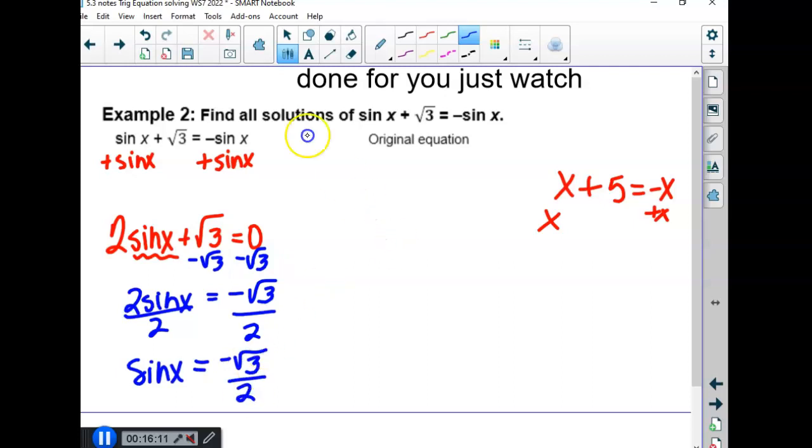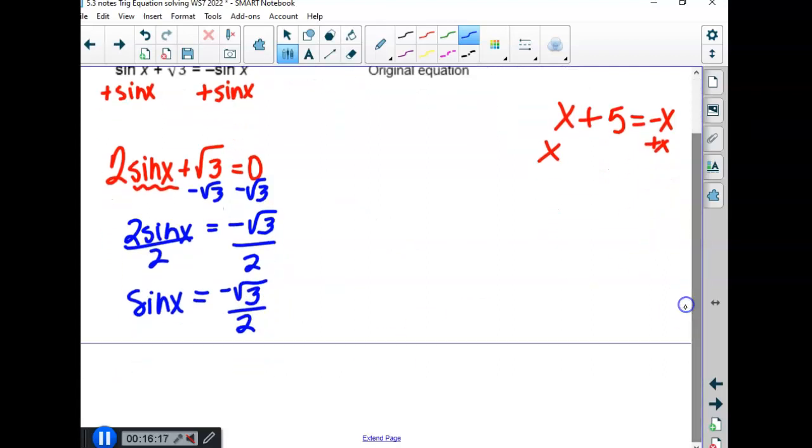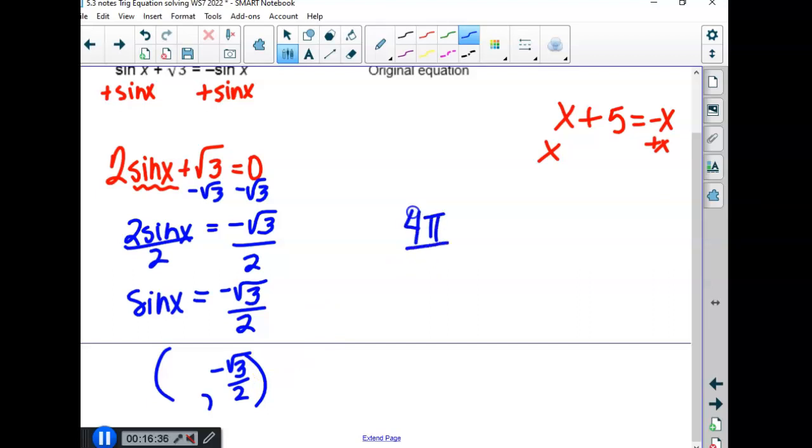Okay. The directions say all solutions. So we're going to need that plus or minus 2 pi n business on the back. We're looking for a sine value, so that's back here, of a negative square root of 3 over 2. Can you find the 2 places on your unit circle for me? Nice and loud, somebody. Where is there a sine value of negative square root of 3 over 2? 4 pi over 3 and?